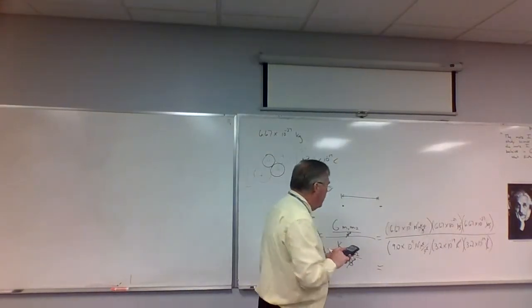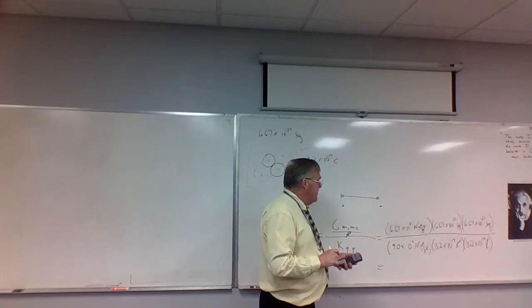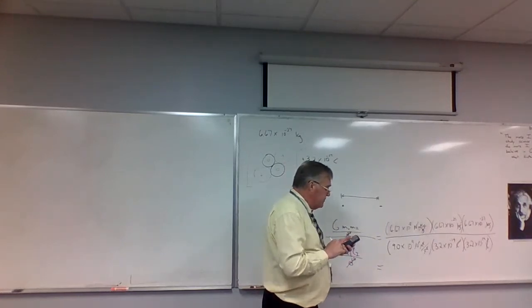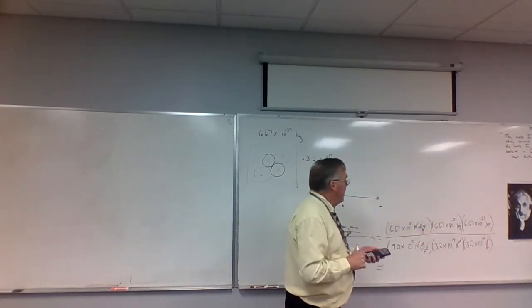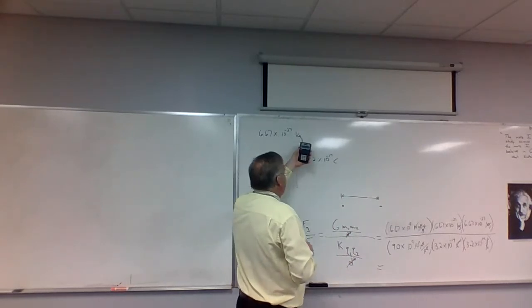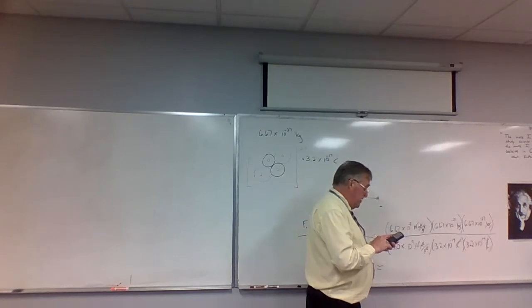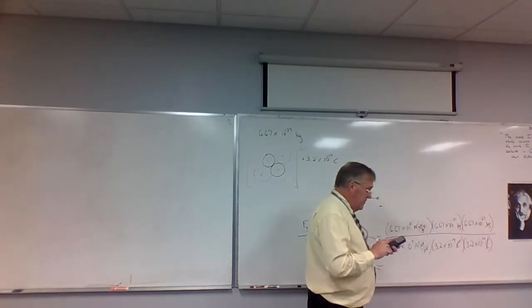This is G, 6.67 times 10 to the minus 11. So 6.67 times, now moving on. Interesting. That's 6.67 times 10 to the minus 27 kilograms. I didn't notice that before. 6.67 times 6.67.